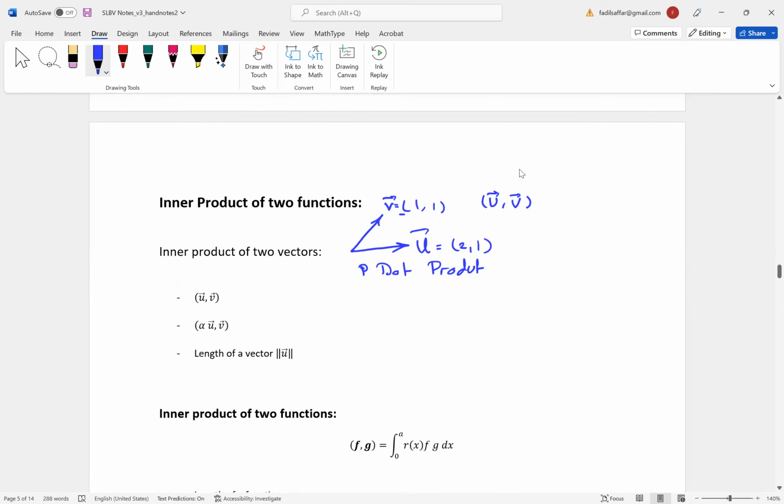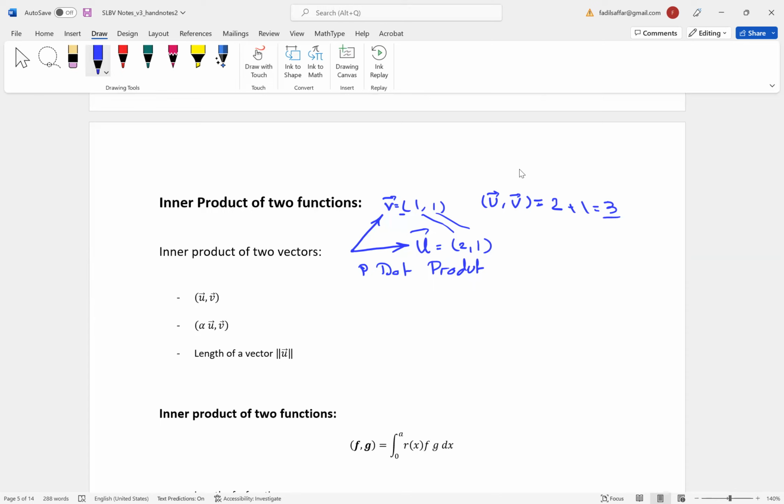We have two curly brackets, and inside them we have u and v, and we multiply 1 and 2 and 1 and 1, and that's just elementary school vector analysis. So that's 2 plus 1, which is equal to 3. And that's what we mean by the inner product of vectors.